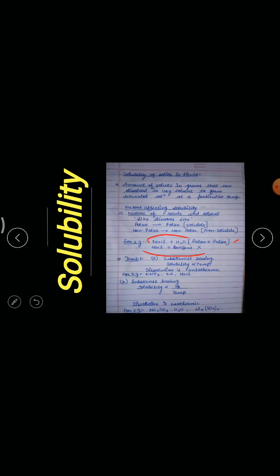Next factor is temperature. For some substances, with increase in temperature, the solubility also increases. But for some, it decreases with increase in temperature. For substances whose solubility is directly proportional to temperature, meaning when the temperature increases the solubility also increases, the dissolution is endothermic. Endothermic means energy is required for the reaction.